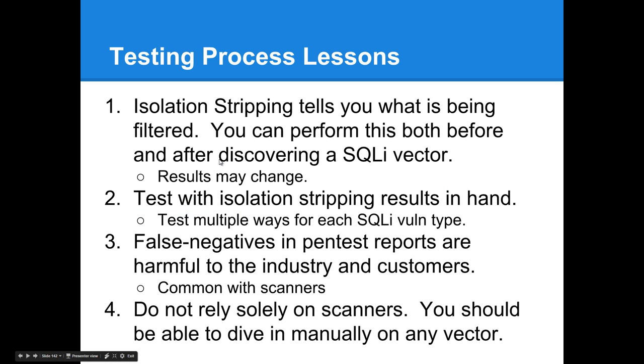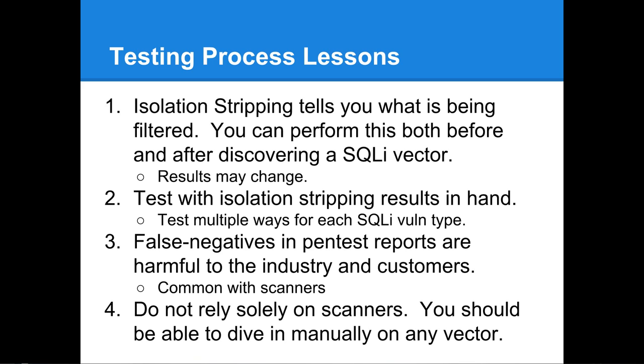In general, there are some lessons you can take away for testing for SQL injection vectors and discovering them. 1. Isolation stripping, that process tells you what is being filtered. You can perform this before and after discovering a SQL injection vector, and certain limitations of the vector, once you reverse engineer it, especially if it's a second order one, may change the results of your isolation stripping tests.